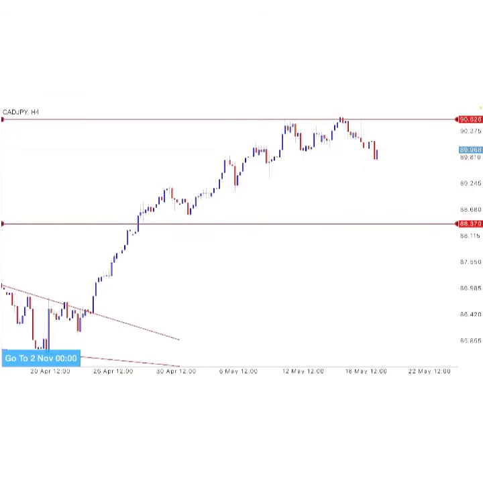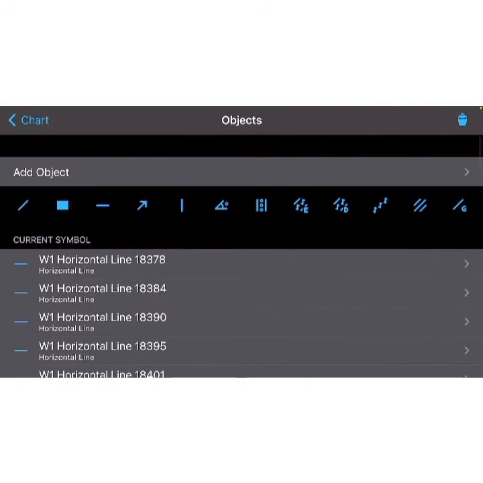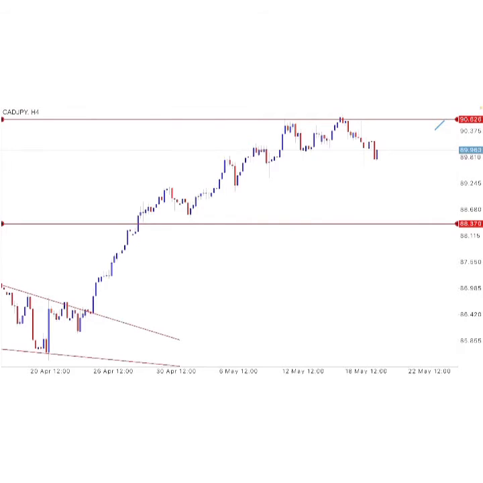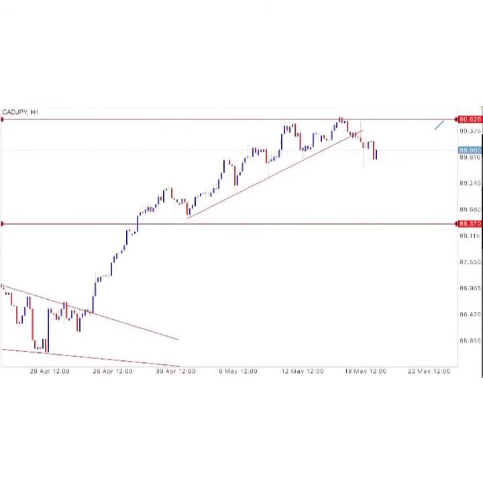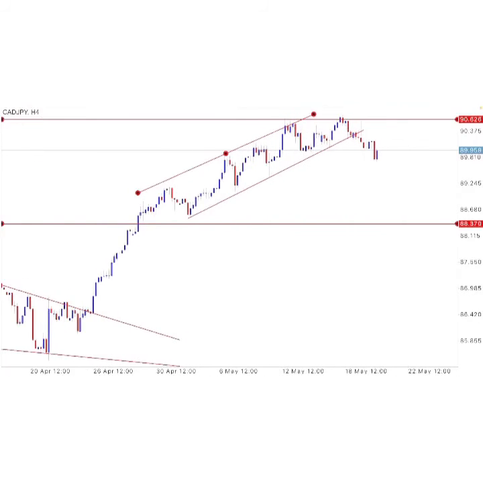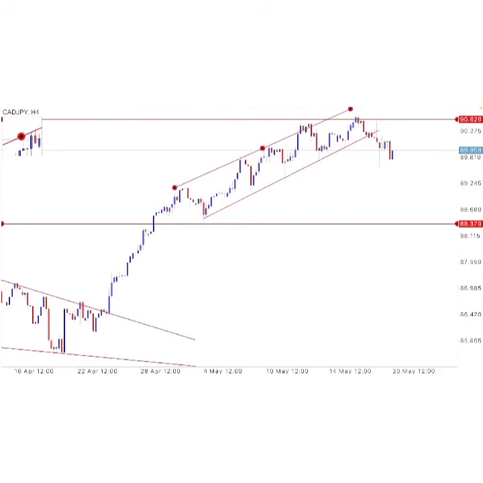Then let's go to a 4-hour time frame to cater for more. So then the price legit started moving in this manner, in this nature. This is a rising wedge, which will fall. So that is just it. A rising wedge will fall.